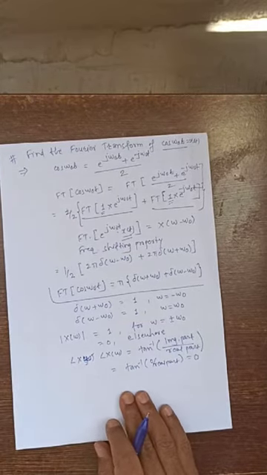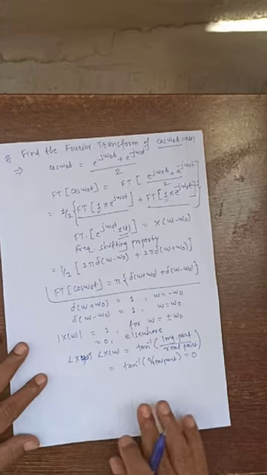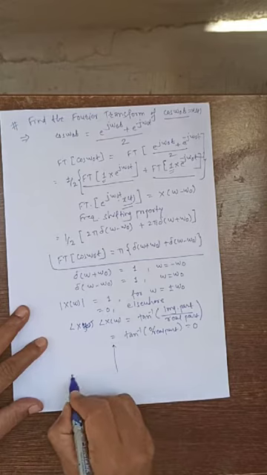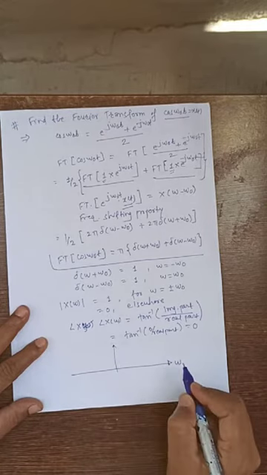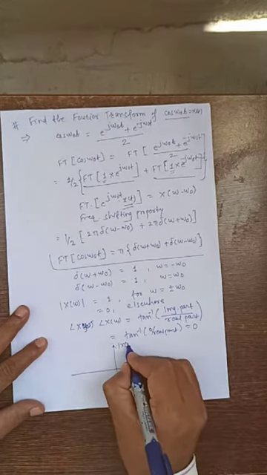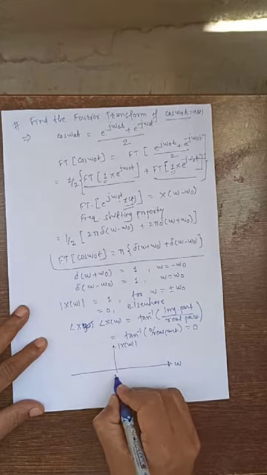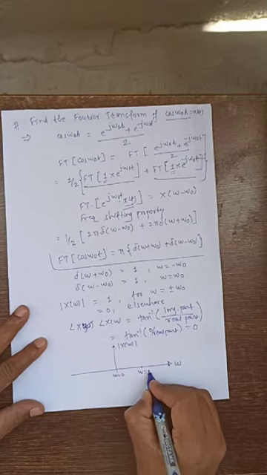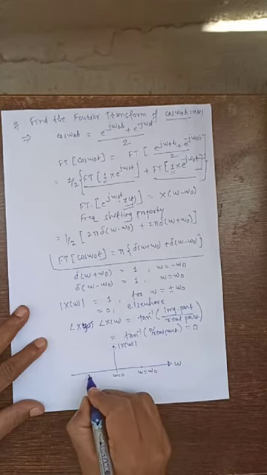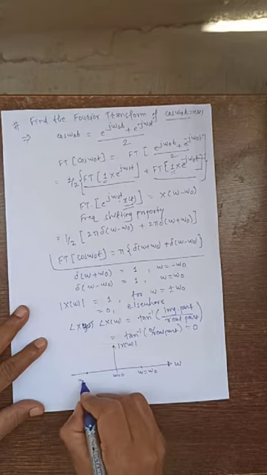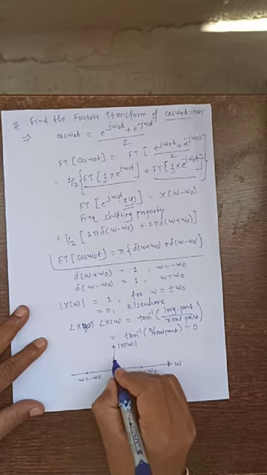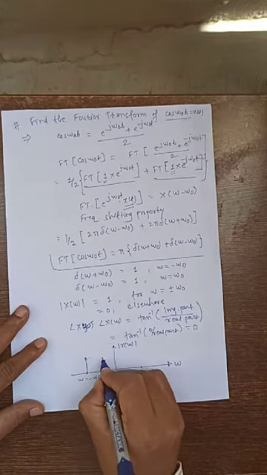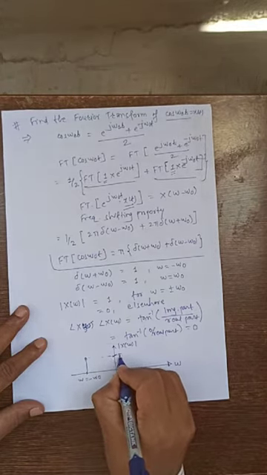Now you can sketch the spectrum, that is the frequency spectrum, like this. So this is omega, this is magnitude of X of omega, this is omega equal to 0, this is omega equal to omega naught, this is omega equal to minus omega naught, and the value, the weight you can say, is equal to pi.